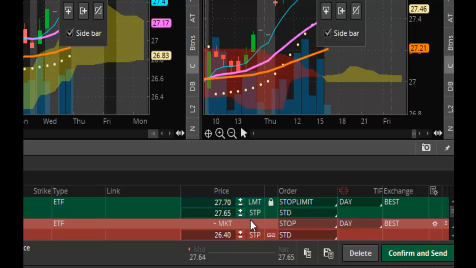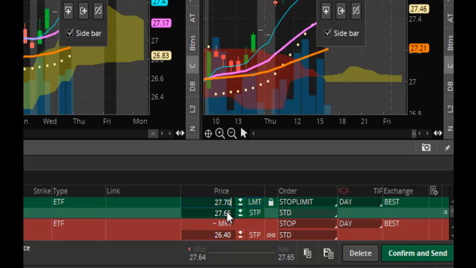So tomorrow morning, you see we closed at 27.64 today. Let's say the market opens where it closed at 27.64, that's the high, and then it collapses $2, $3, $4. Well, you're not going to be in the trade because your stop was at 27.65.